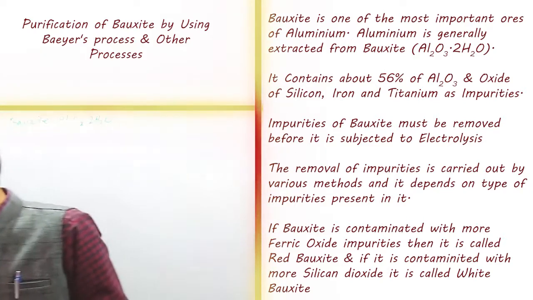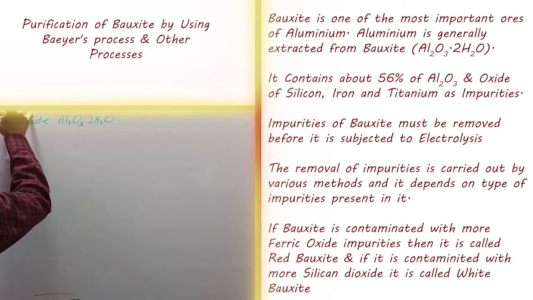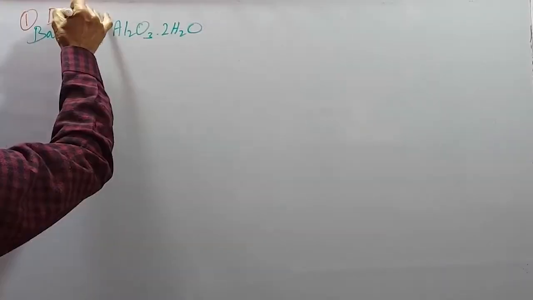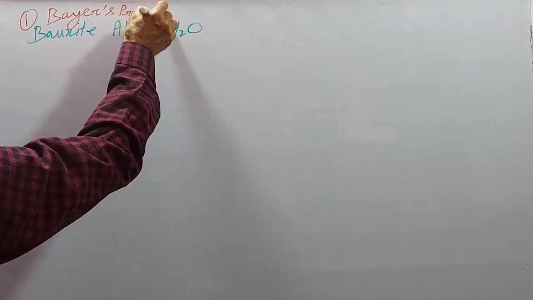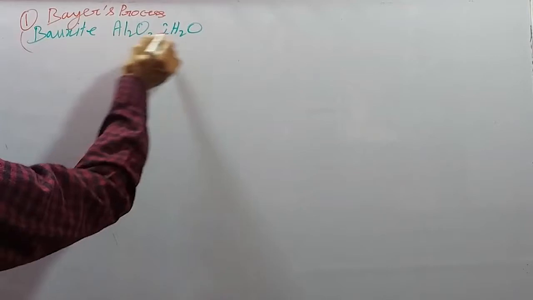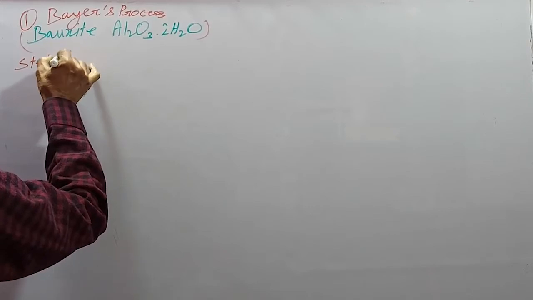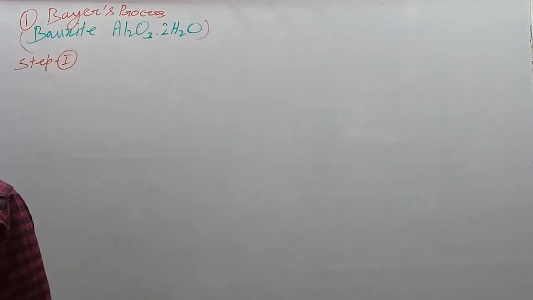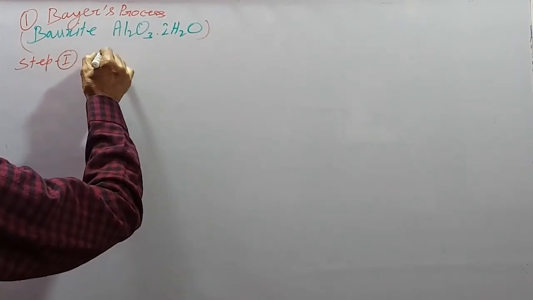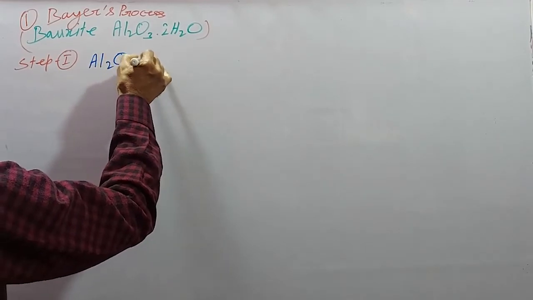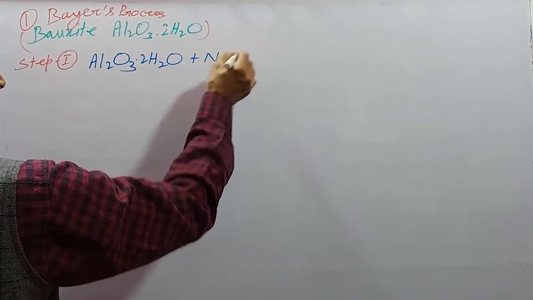Step 1, Bayer's process. When heated with NaOH, bauxite interacts with NaOH.